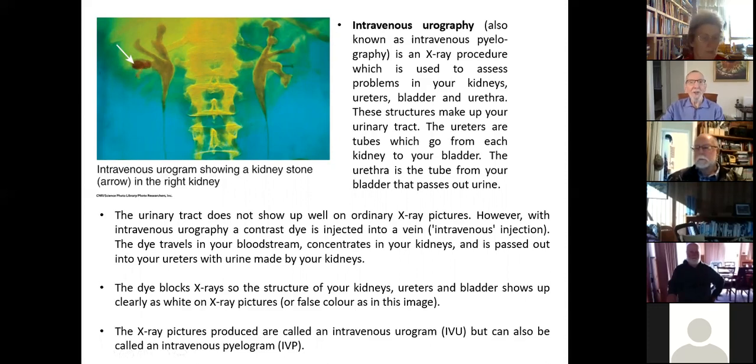Now, this stone here will be, I would say, impossible to pass. Here, where's that thing gone? This is the ureter, which takes the urine from the kidney to the bladder. And the ureter is actually a very, very thin tube. They're only about, at the best, somewhere between 4 and 6 millimeters in diameter.